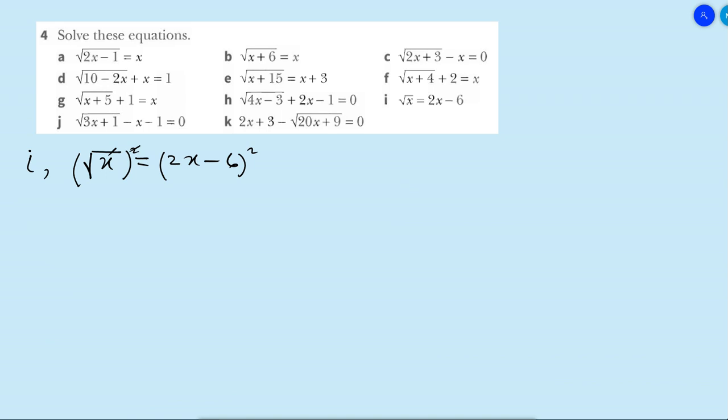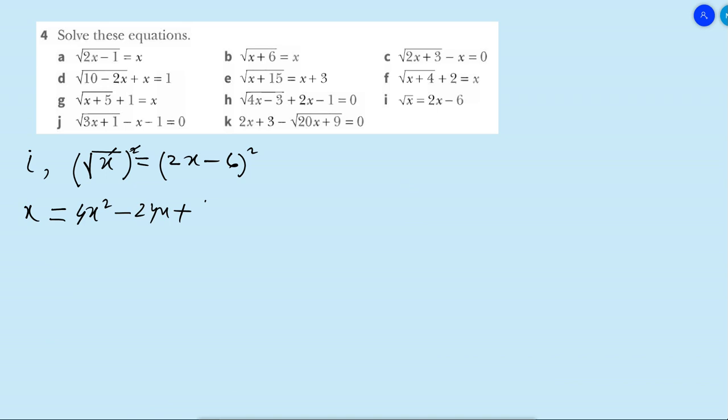Apply the (a minus b) whole square formula. a square is 4x square, minus 2ab. 2 2s are 4, 4 6s are 24, 24x, and plus 6 square is 36.